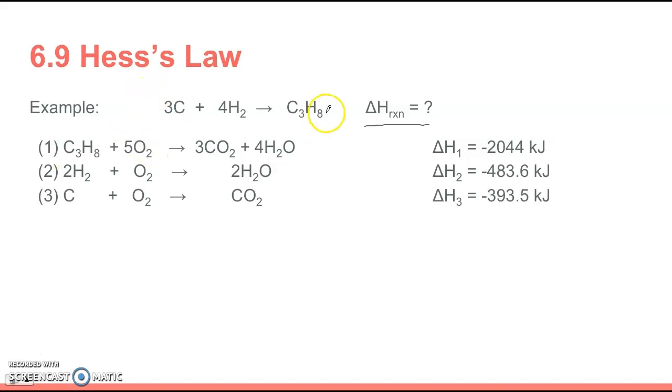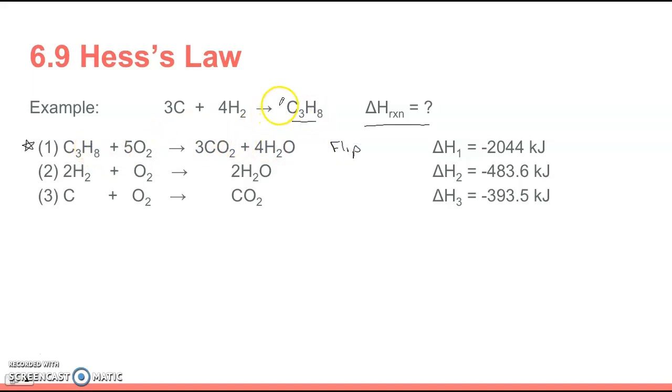Okay, all right. So here's how we do it. C3H8 right here only shows up in the first equation, so we have to make these two match up. C3H8 is a reactant in equation 1, but it's a product in our unknown. So what we have to do is just flip equation 1.